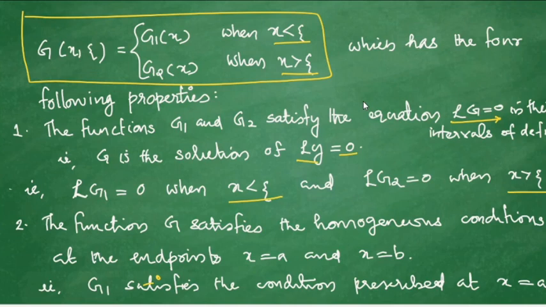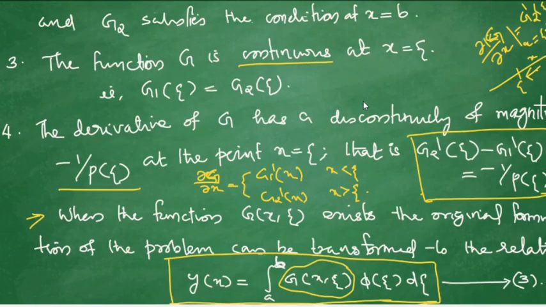That means G1 must satisfy the homogeneous boundary condition at x equal to a, and G2 must satisfy the condition at x equal to b. The third property was G must be continuous at x equal to theta, and the fourth condition was about the derivative.